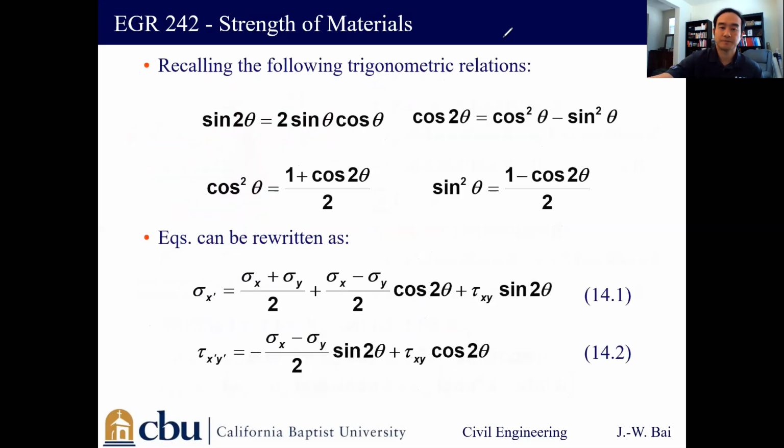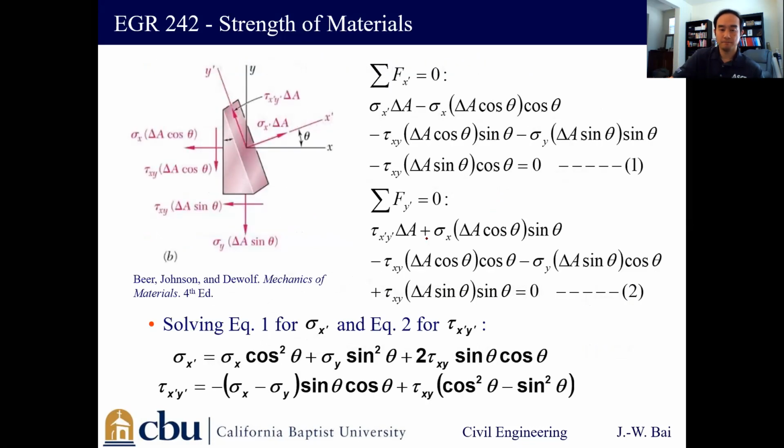We know that sine 2 theta is equal to 2 times sine theta cosine theta. Cosine 2 theta is cosine square minus sine square. So we can say cosine theta square is going to be 1 plus cosine 2 theta divided by 2, and so on. So we can simplify the earlier equation here.